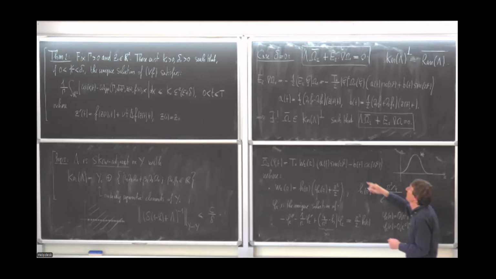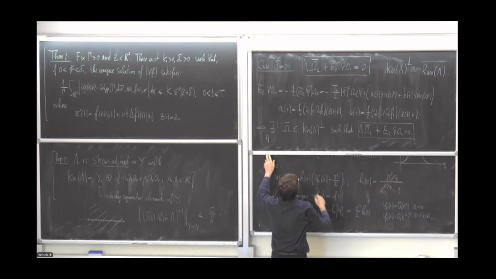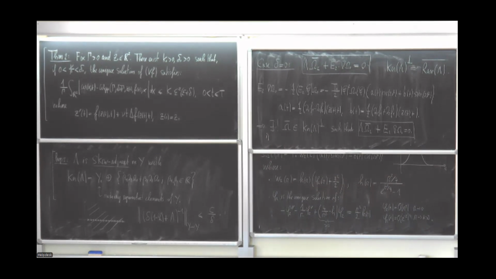So I claim that there exists a unique omega, so this was the first step here. Now, for the same reason, there exists a unique omega tilde in the orthogonal of the kernel of lambda such that lambda omega tilde plus 1 minus L omega 2 bar, it's omega 2 tilde, this is equal to 0.